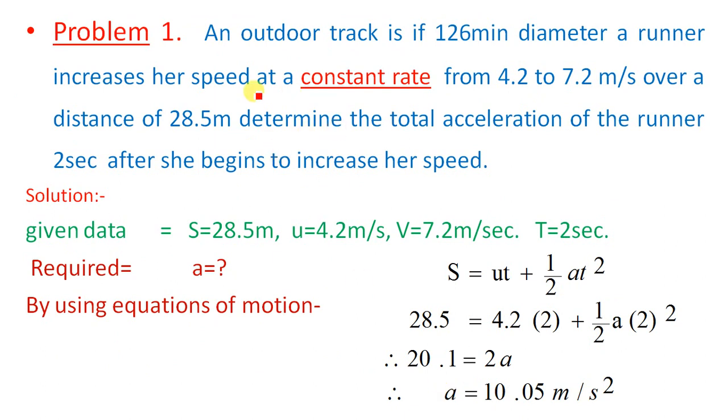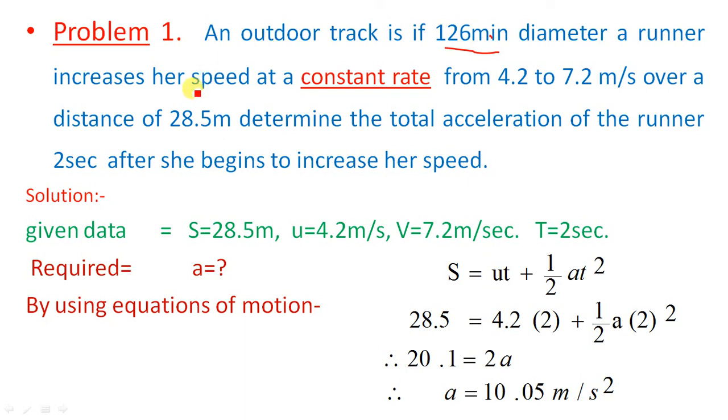I will read out the problem statement for you. Please understand the problem statement. An outdoor track is of 126 meter in diameter.